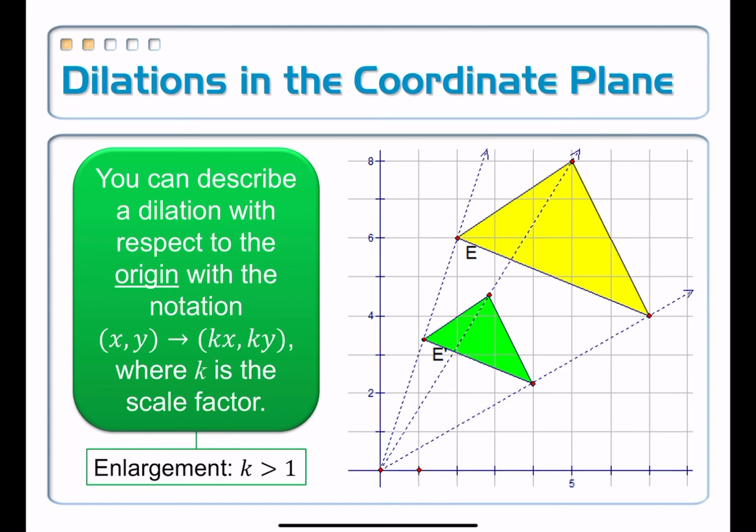Well, it's got to be smaller than 1 and bigger than 0. So it's between 0 and 1, that's our compound inequality, that's going to reduce it. If it was negative, then all of those things that we just talked about are true, but in addition to that, it's going to rotate the shape around into another quadrant, which is kind of interesting.